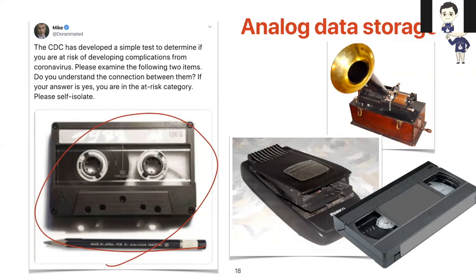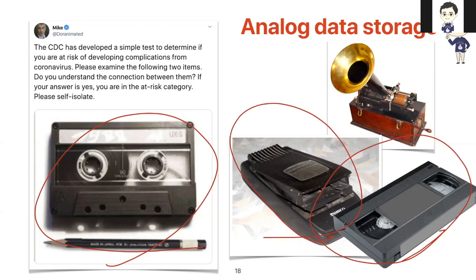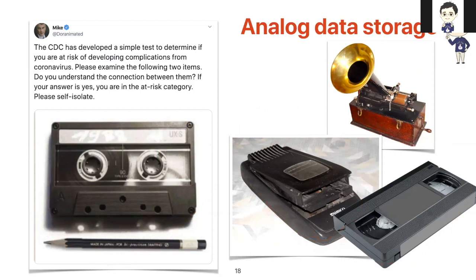All right, and there are a lot of different analog devices. For example, this is a videotape, and this is the rewinder of the videotape. It's probably not part of your memory, but it's definitely part of my memory. So these are examples of storage of analog data.